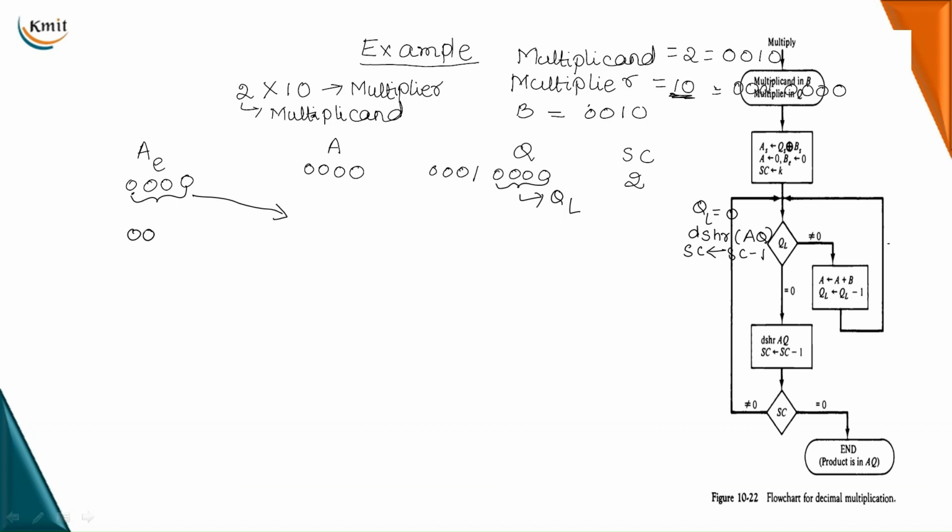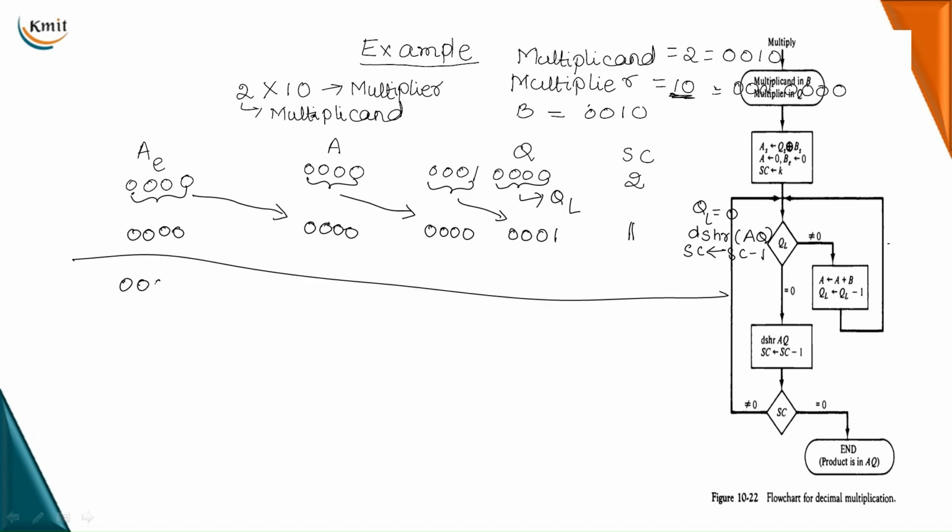So we add 0 to AE, these 4 bits are shifted here as 0000, and the Q bits shift to become 0001. Decrement the sequence counter by 1, so it becomes 1. The contents are now 0000, 0000.